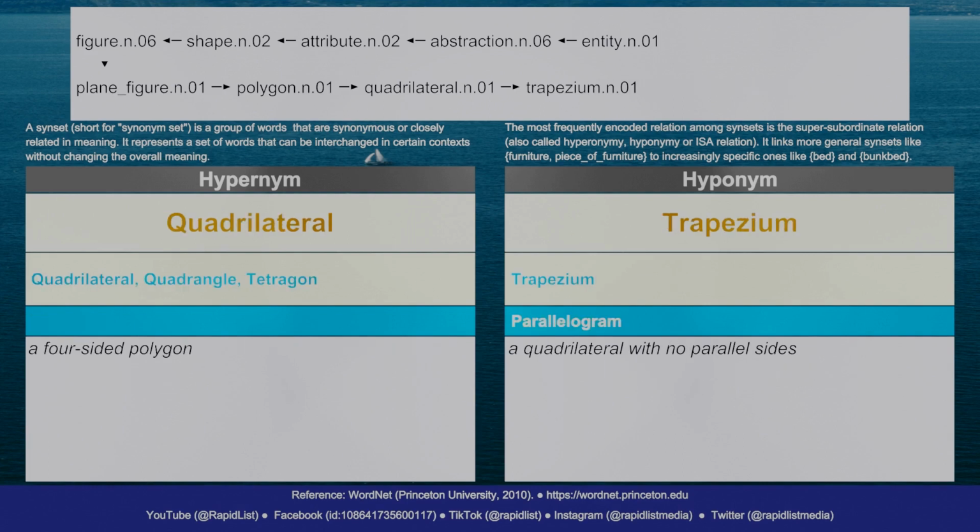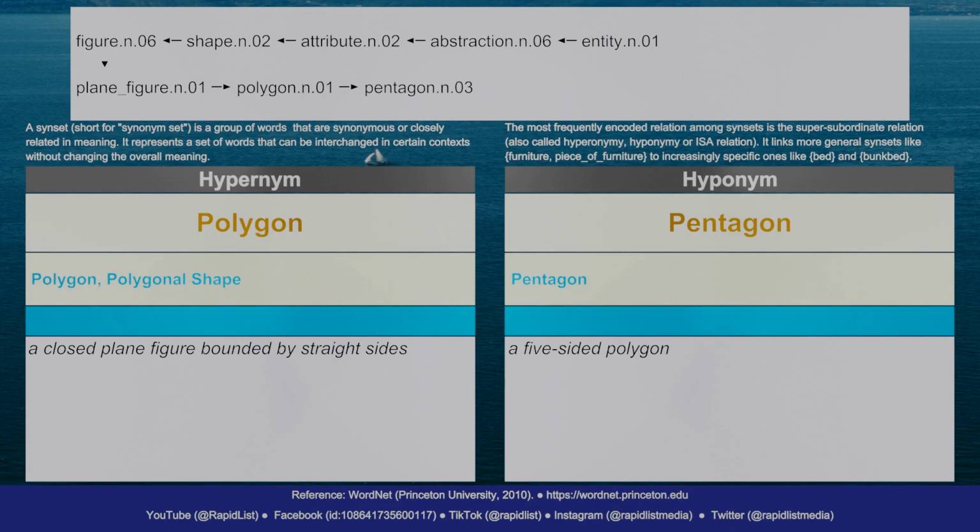Trapezium. A quadrilateral with no parallel sides. Trapezoid. A quadrilateral with 2 parallel sides. Pentagon. A 5-sided polygon. Hexagon.